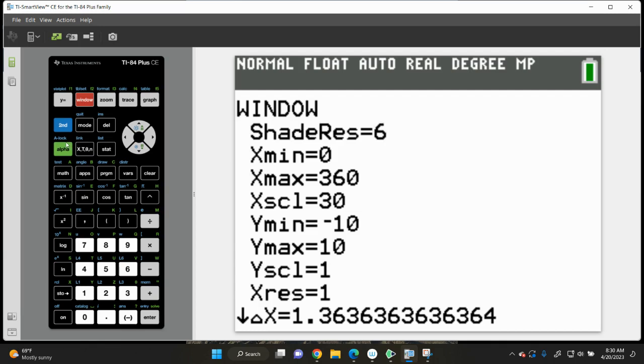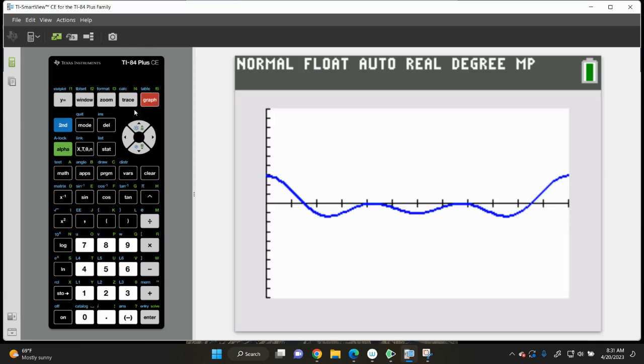Okay, if we're working in degrees, we're going from 0 to 360. If we're working in radians, we're going from 0 to 2 pi. Okay. And then you should get this graph. So that's how we can check it. I'm not getting it. Can I see it? Yeah. That's good.